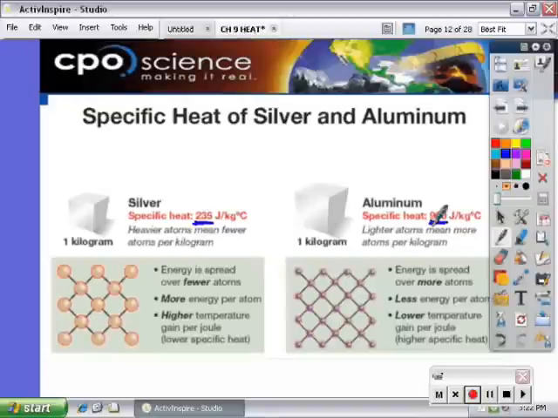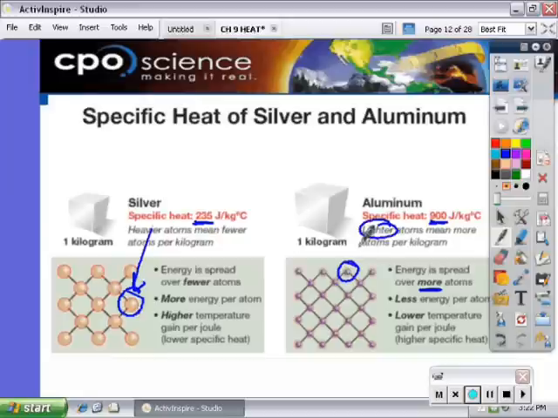So you can still melt it, but it's going to take a lot more energy because you need more energy to spread over more atoms, because they are smaller in size compared to your silver. So that's why they say these are heavy atoms, because they are bigger. So there are fewer of them to take up the same area as aluminum, because aluminum atoms are lighter or smaller.